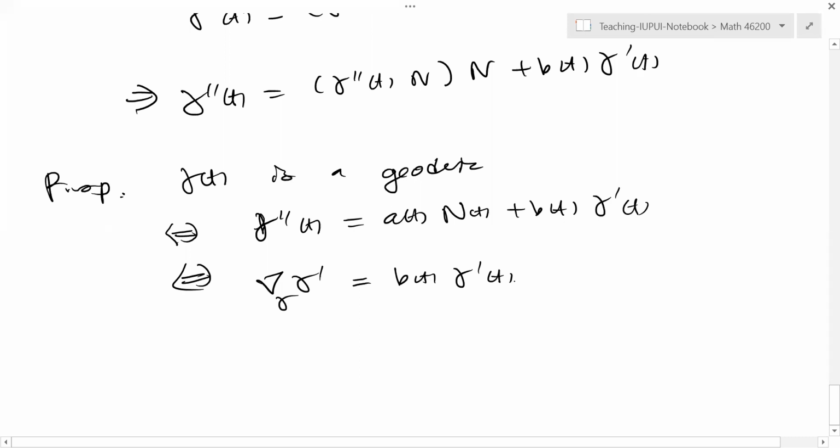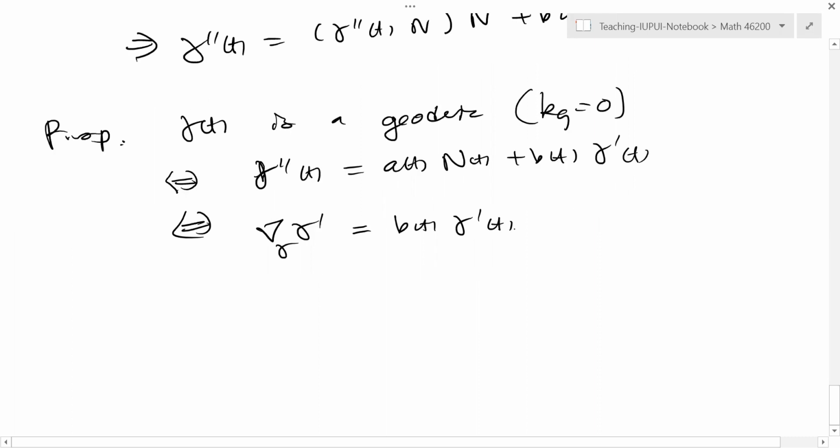Those are the equivalents. So by definition, that means the geodesic curvature is 0. So we can use that to prove whether a curve is geodesic or not.